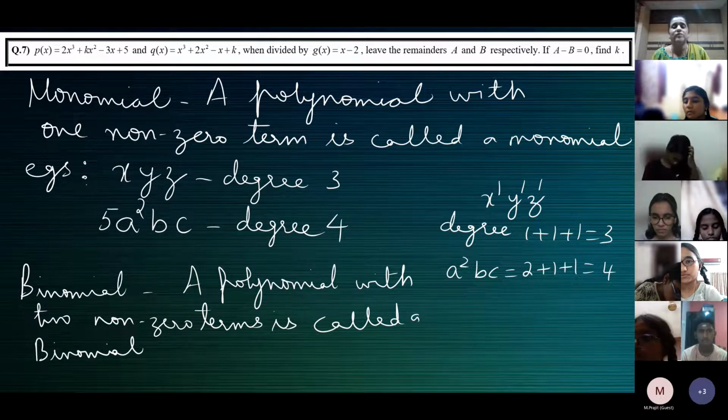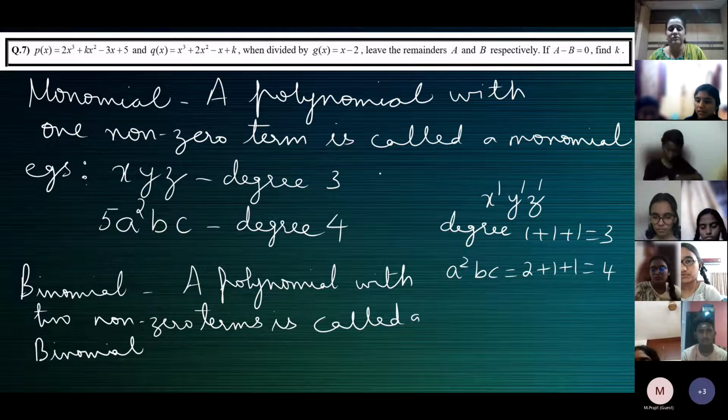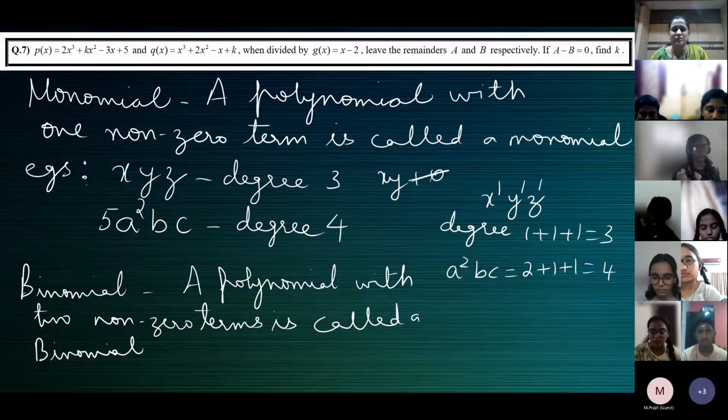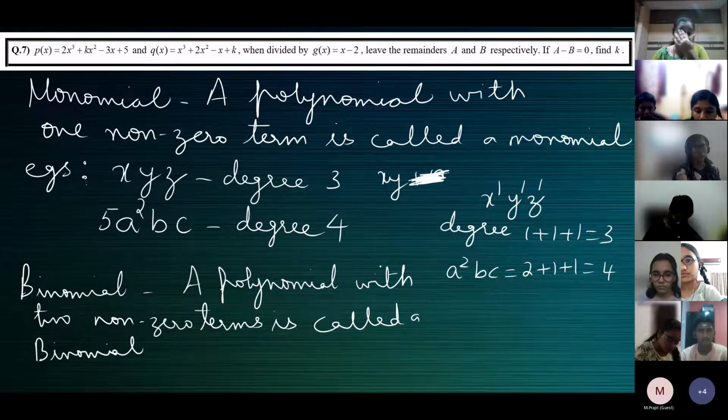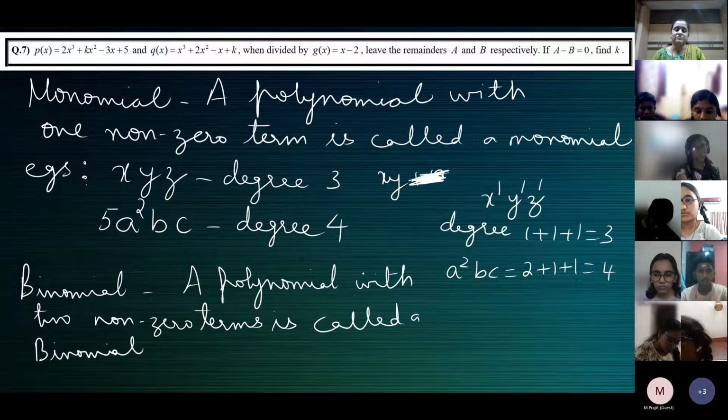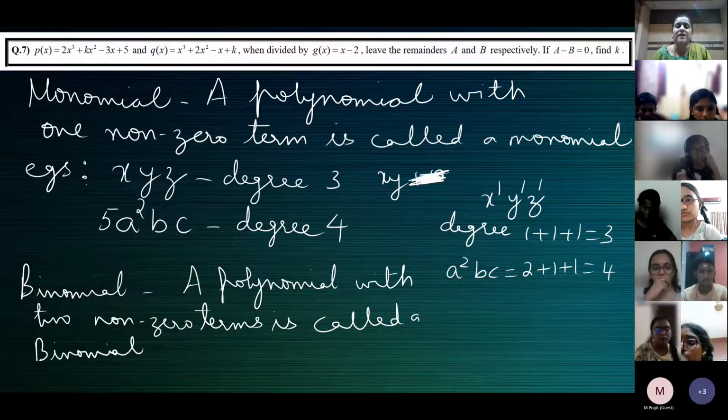As I was telling you, xy plus 0 is not a binomial. xy plus 0 is a monomial, because you understand what plus 0 means, you can as well remove it. So xy is a monomial. xy is a polynomial and xy is a monomial. It's like saying it is an animal and it is a dog. If it's not an animal, then how can it be a dog or a cat?